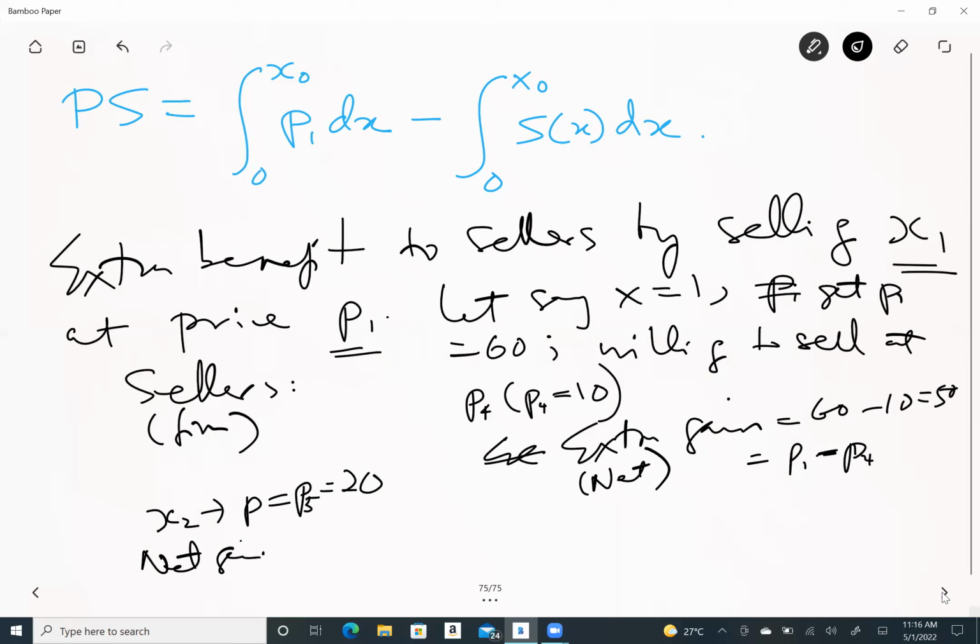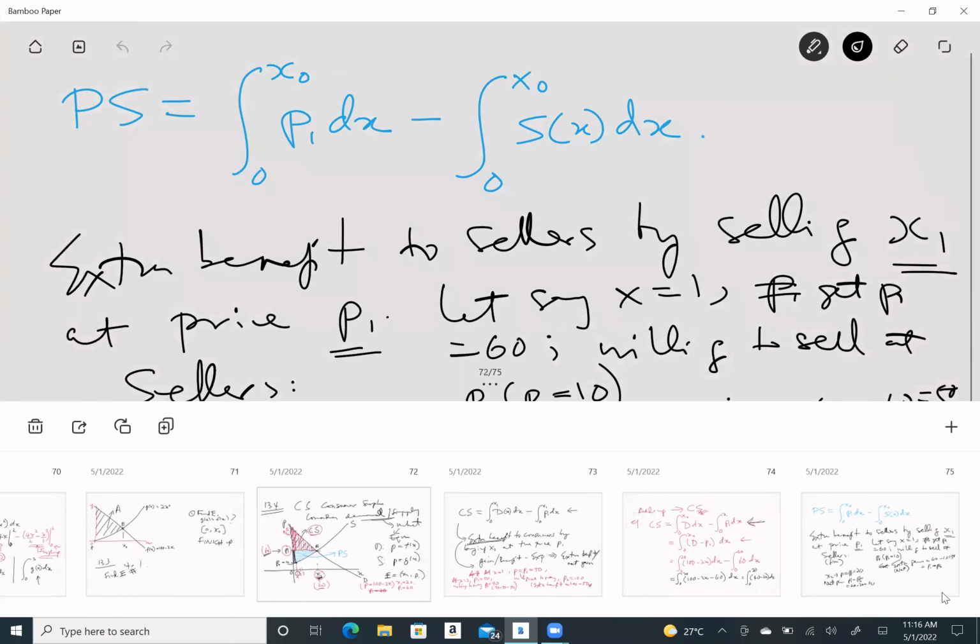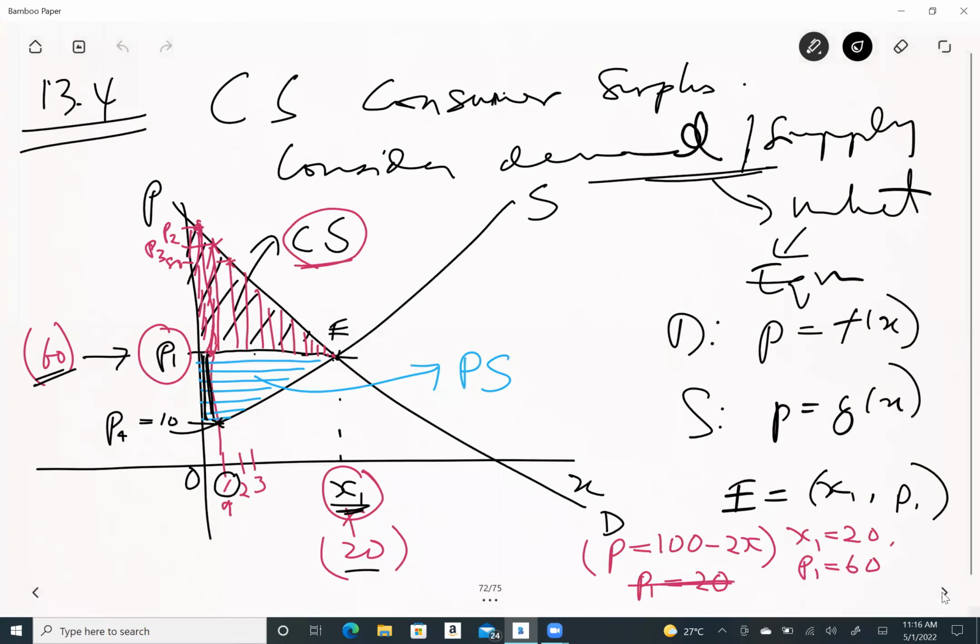P1 minus P5, that is equal to 60 minus 20, equal to 40. So you go on and on until X1, then you get the total net gain. So that is our producer supply. Okay, so that's producer supply.